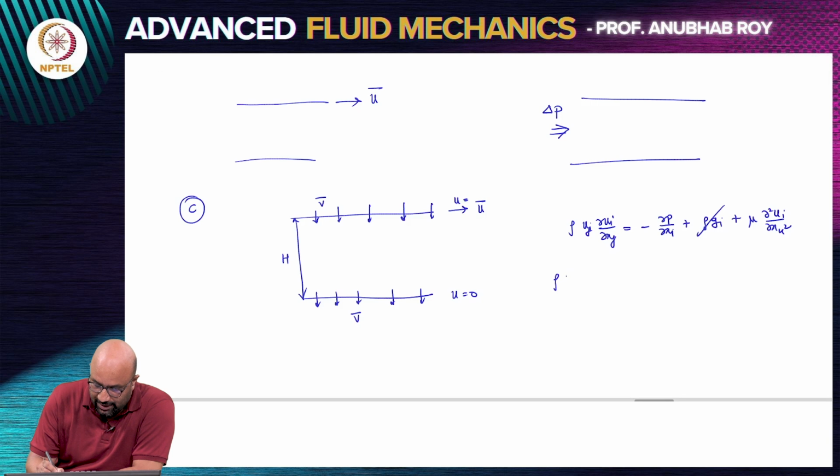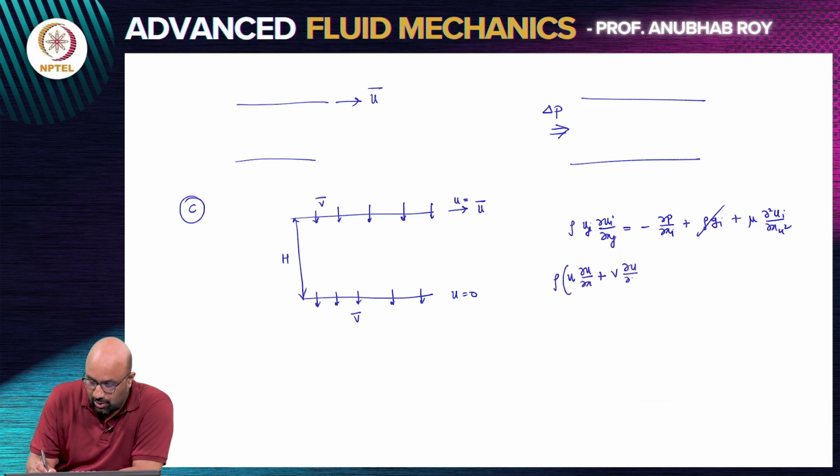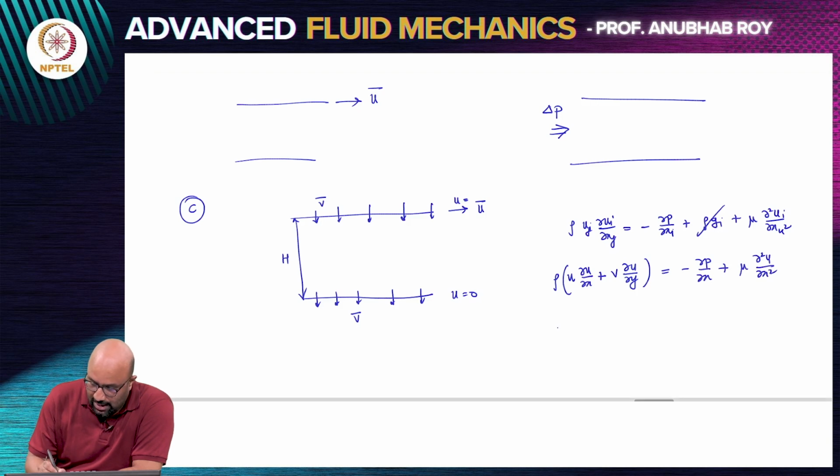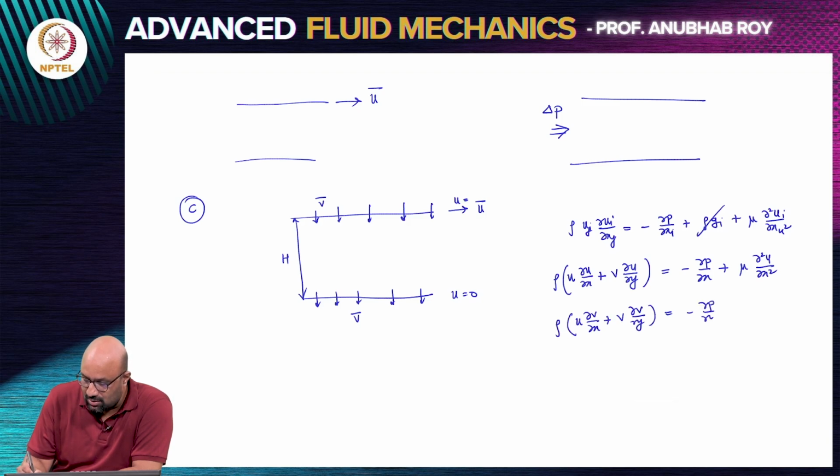If I write this down in terms of components, I have rho u dou u dou x plus v dou u dou y is equal to minus dou p dou x plus mu dou square u dou x square. And for the y momentum equation, we have rho u dou v dou x plus v dou v dou y is equal to minus dou p dou y plus mu dou square u dou y square.